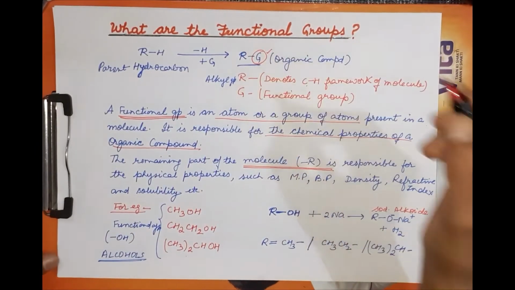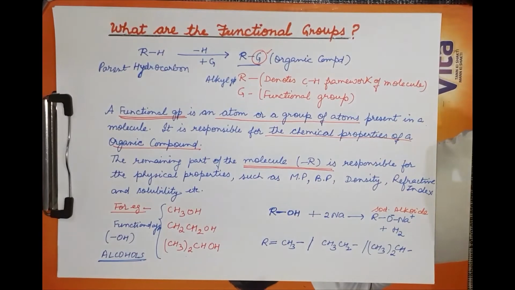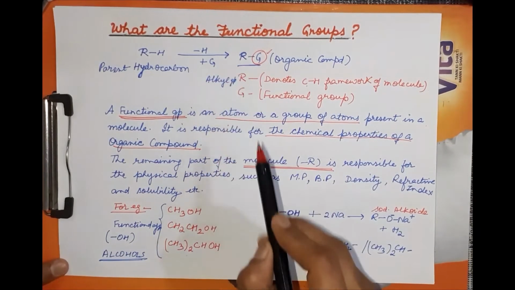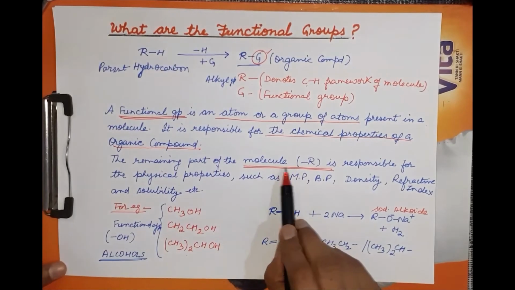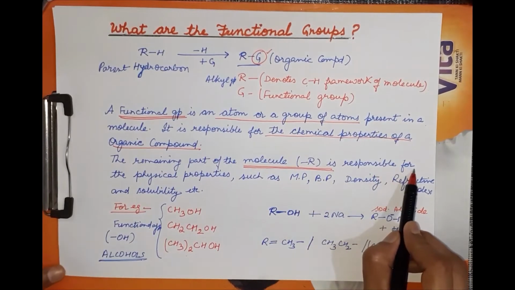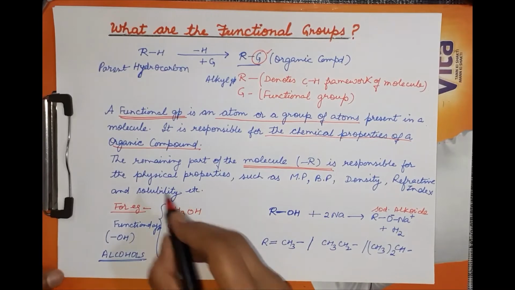So this functional group is responsible for all the chemical properties of a particular organic compound. And the remaining part, this R part of the molecule, is responsible for the physical properties.